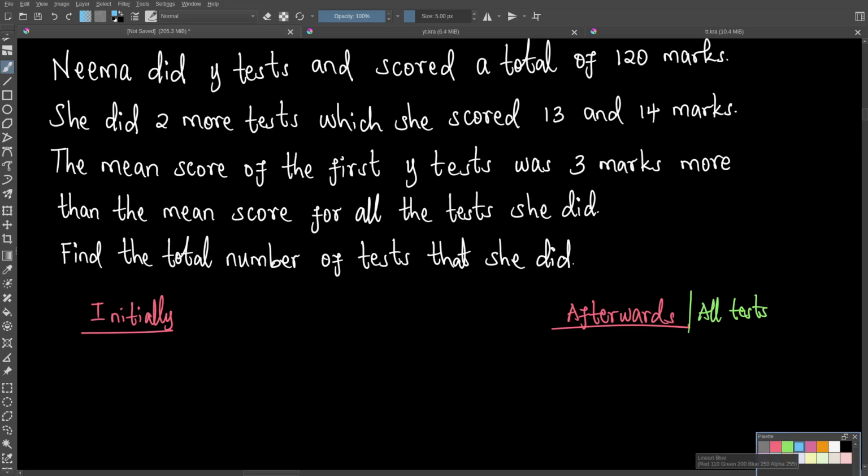Initially, how many tests did she do? She did Y tests. So the number of tests would be Y.